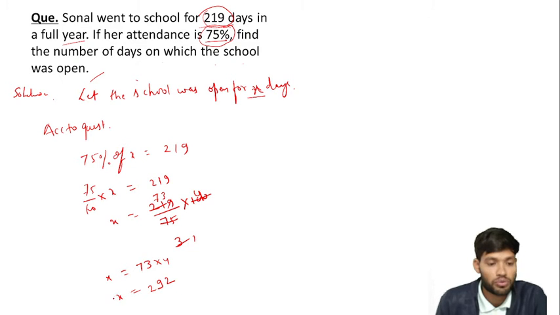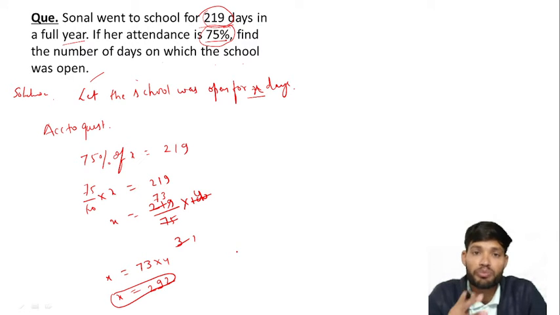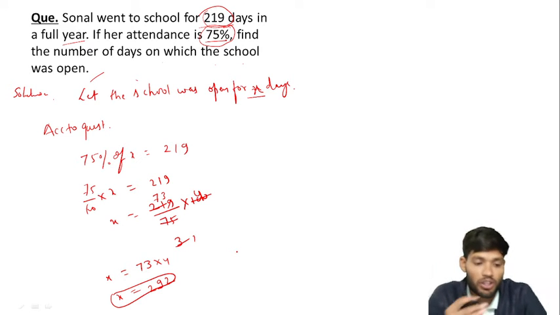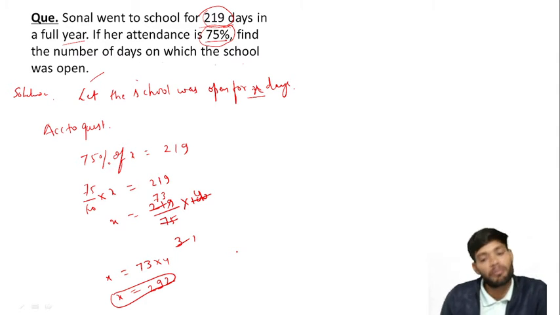So the total number of days for which the school was open is 292. It should be clearly mentioned as the answer after the question solution, we should definitely write this. So it will improve our marking.